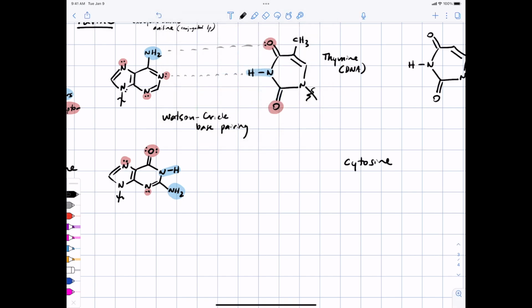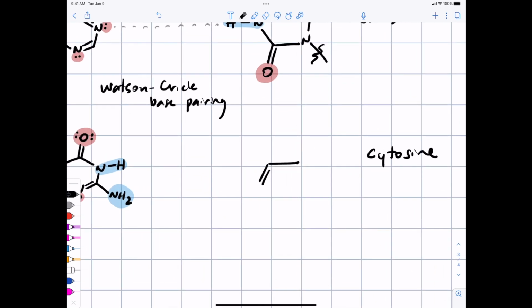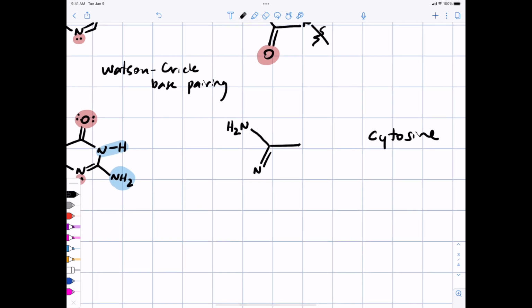It's going to have the same basic 6-membered ring structure, but we're going to switch the character of the group, sort of occupying each position. So cytosine has an NH2 group here, a ring nitrogen there.